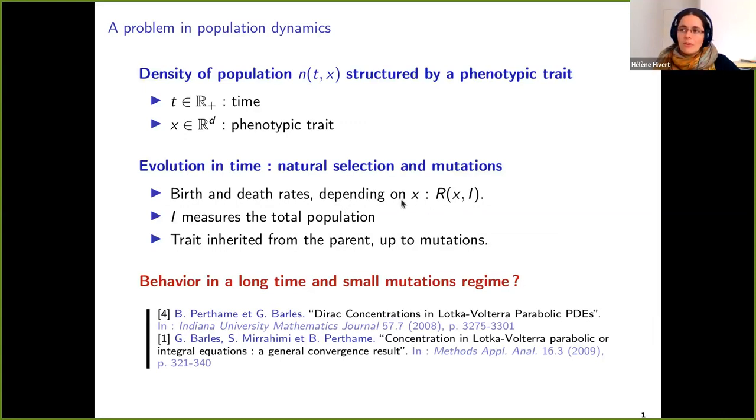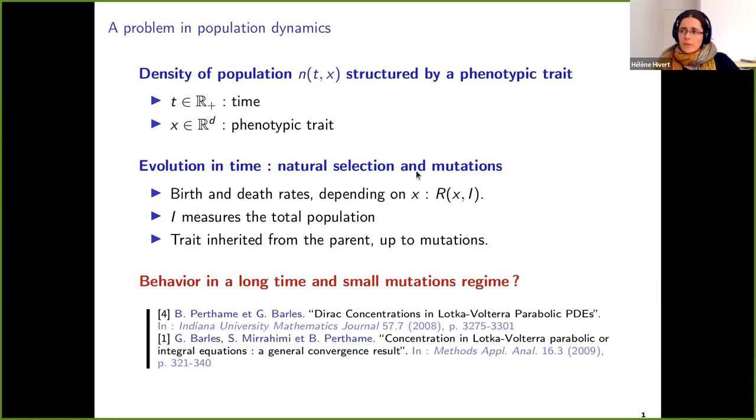It depends on the phenotypic trait, meaning that some traits are better adapted than the others. So it means that some traits may live longer, for instance, or have more children. And the quantity I in this net growth rate is a measure of the total population. It's the burden of the total population on the environment.